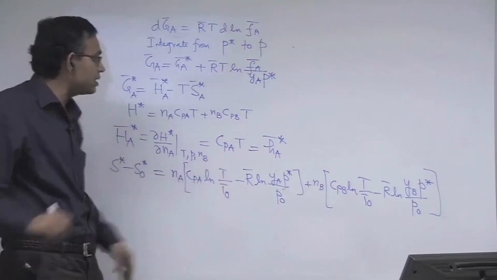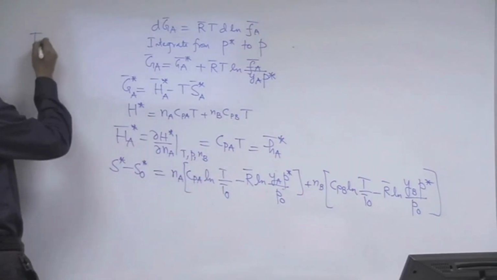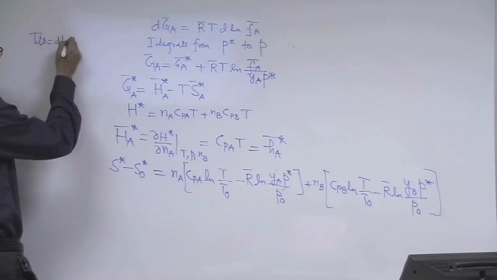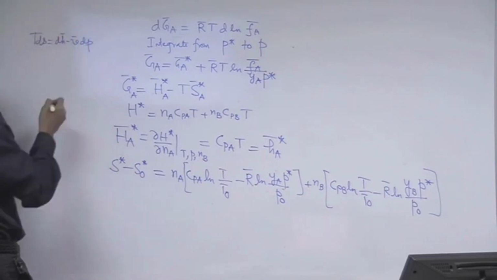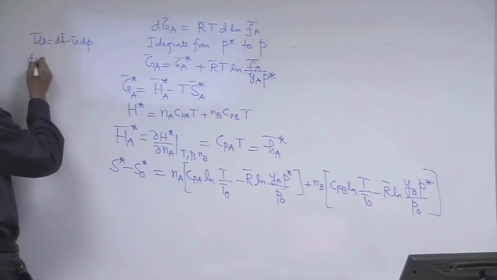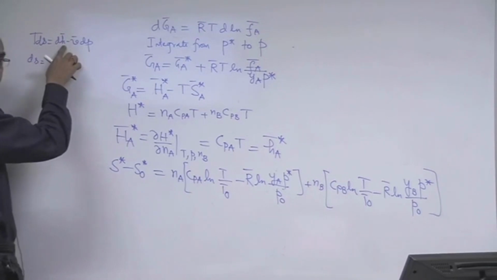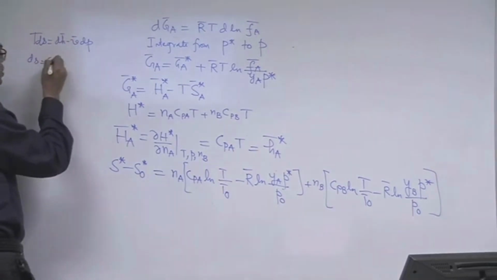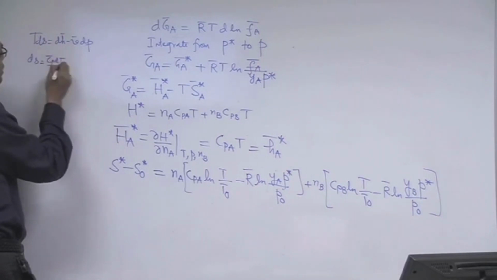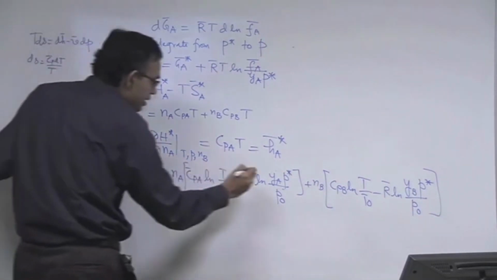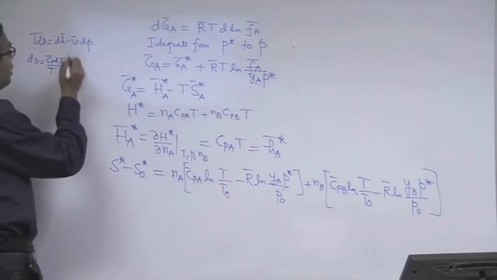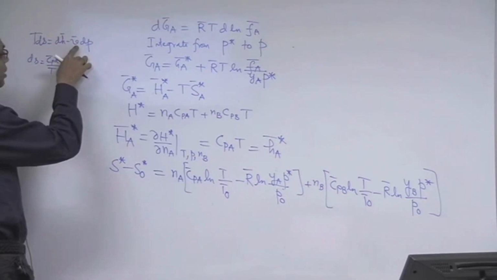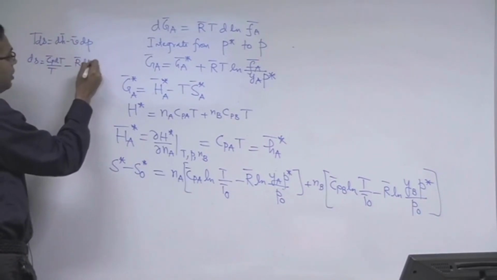Basically where from this expression comes, you have TdS is equal to dH minus VdP, you can write molar quantities. So dS, for ideal gas dH is Cp dT, so Cp dT by T, these are molar Cp's, so there should be a bar at the top, Cp dT by T minus, in place of V, RT by P, so R dP by P.